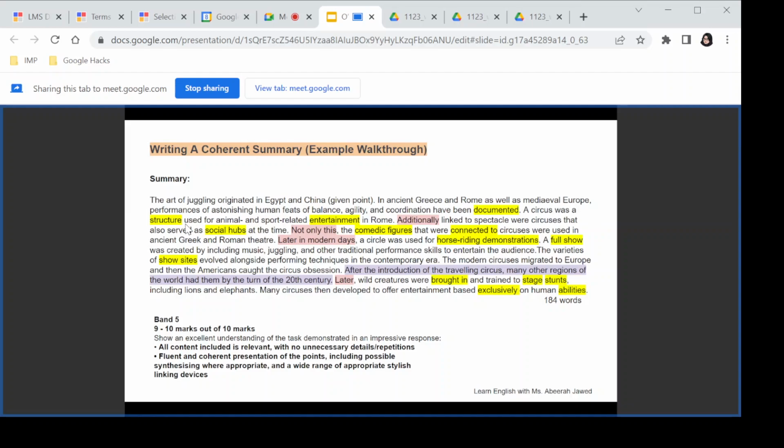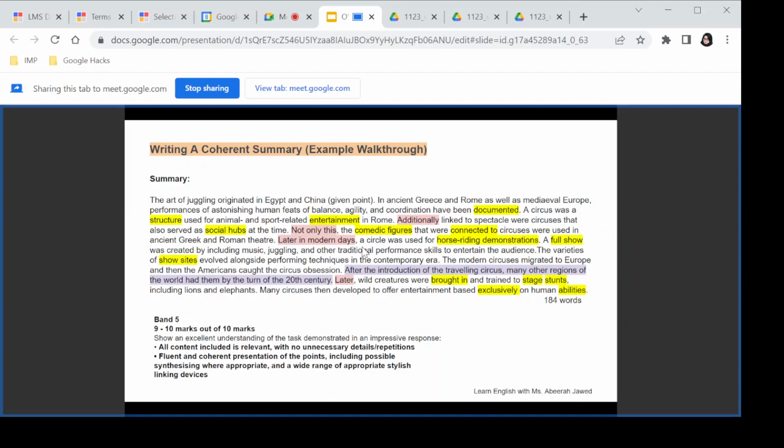A circus was a structure used for animal and sport-related entertainment in Rome. Again, the initial passage said the word building. Additionally, linked to spectacle were circuses that also served as social hubs at the time. Not only this, the comedic figures that were connected to circuses were used in ancient Greek and Roman theater.